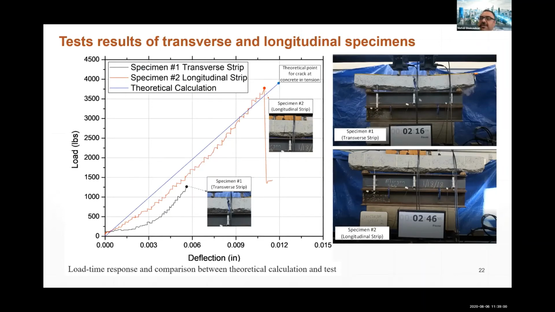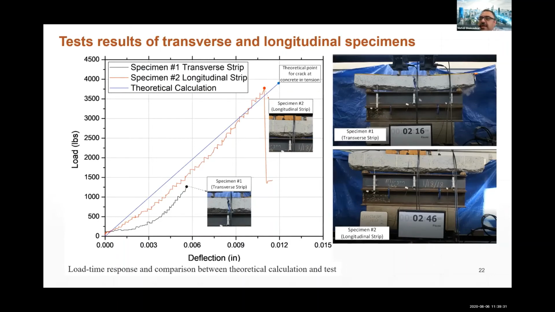But for specimen 1, which was cut from the transverse strip, the load bearing capacity was very low, even less than what it should be based on the design and based on the drawing that was given by Baltimore City.